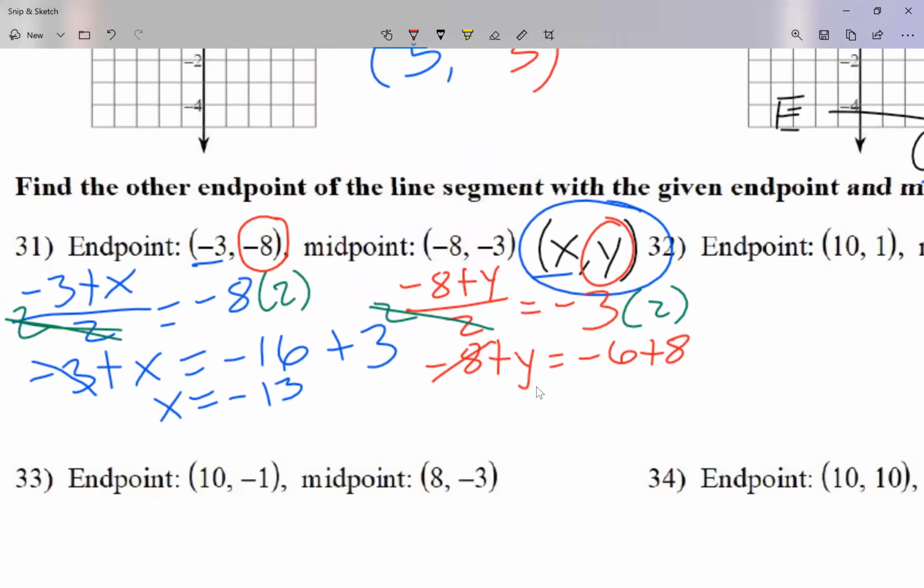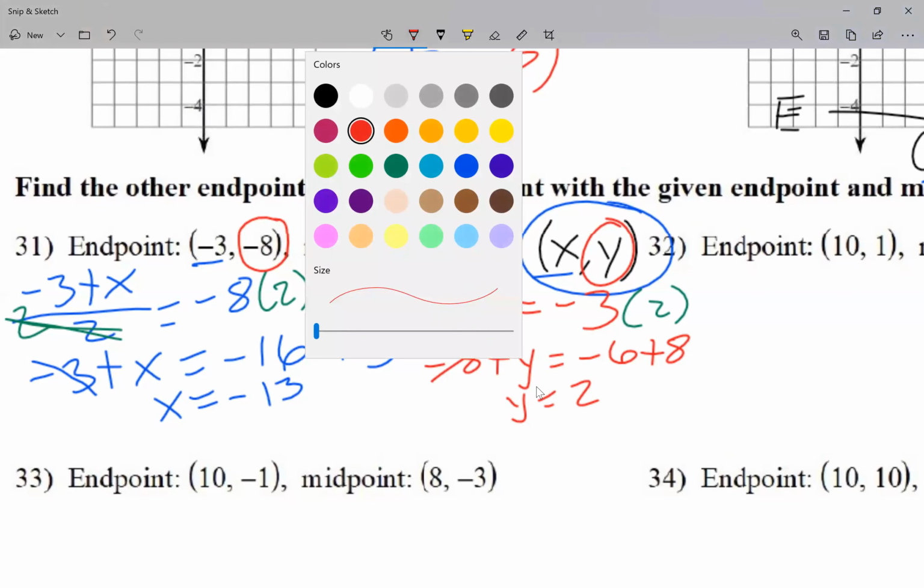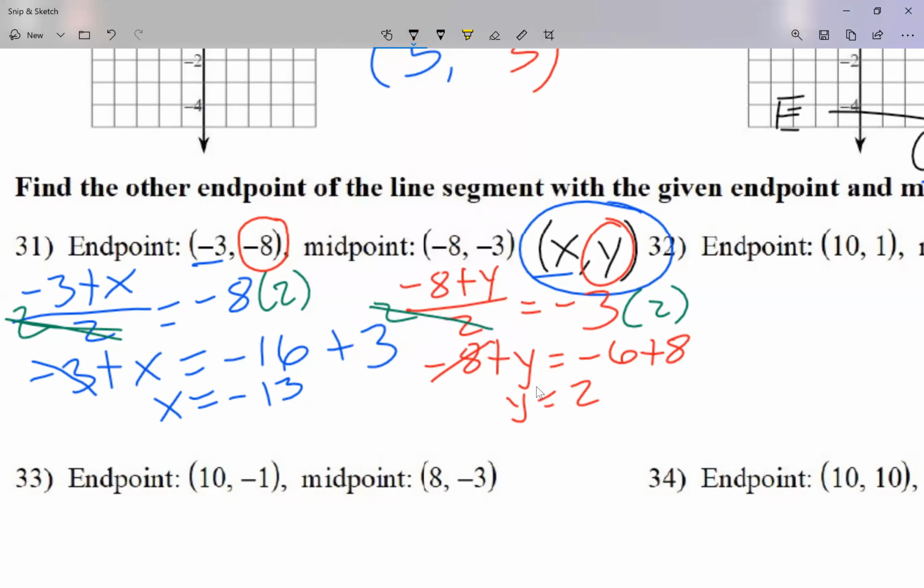Don't forget to switch the sign. So I get that y is equal to 2, because -6 plus 8 is 2. So I already have my x and my y value. My answer is going to be -13, comma, don't forget the space, 2.